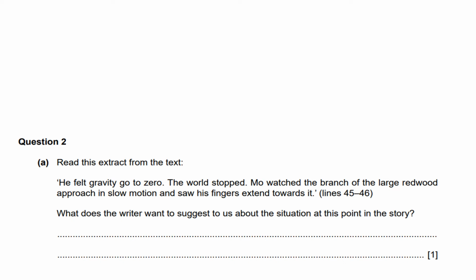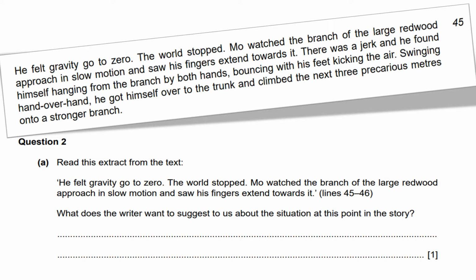It is line number 45. Based on this line we have to tell what the writer wants to suggest to us about the situation at this point in the story. I mean, what is the writer trying to tell us in this story?